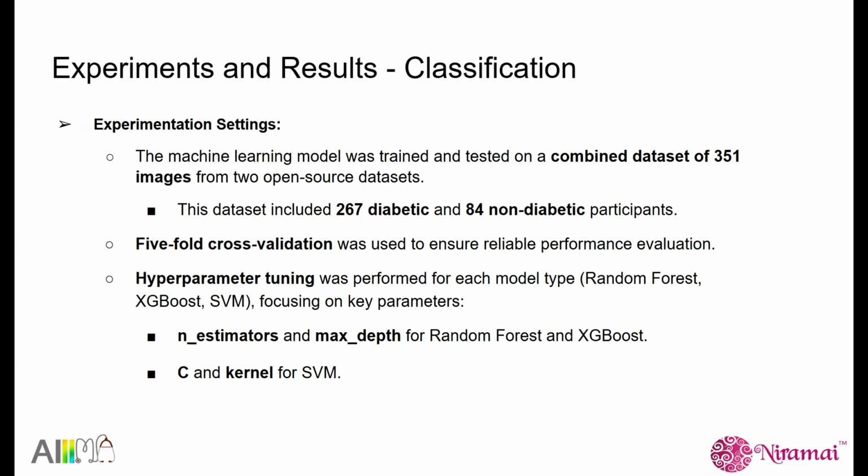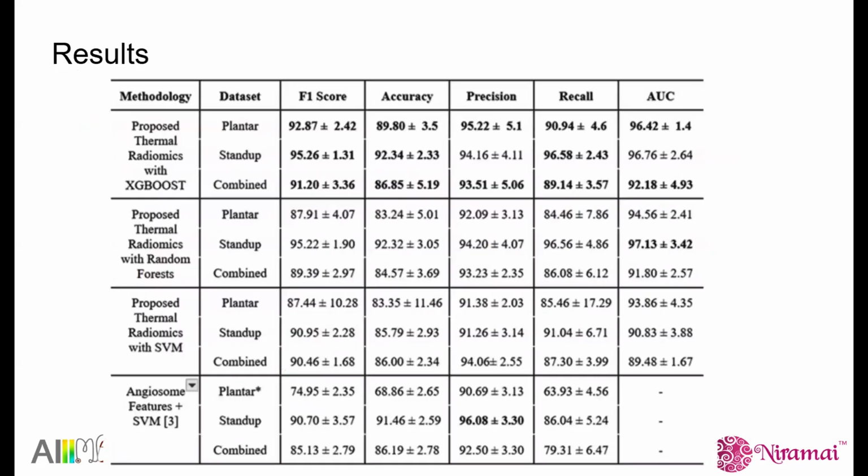This includes 267 diabetic and 84 non-diabetic participants. We have used 5-fold cross-validation in order to ensure reliable performance evaluation. And hyperparameter tuning has been done for each of these model types: Random Forest, XGBoost, and SVM. For Random Forest and XGBoost, we have tuned the number of estimators and max depth, and the kernel for the SVM model. So these are the results we have got with the proposed thermal radiomics with XGBoost.